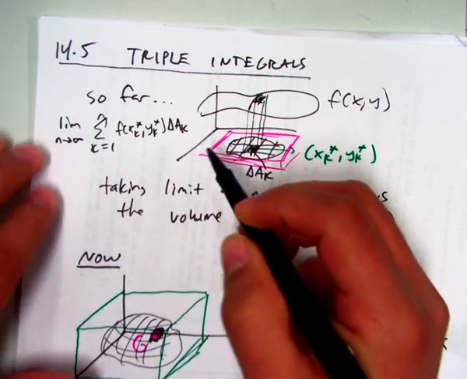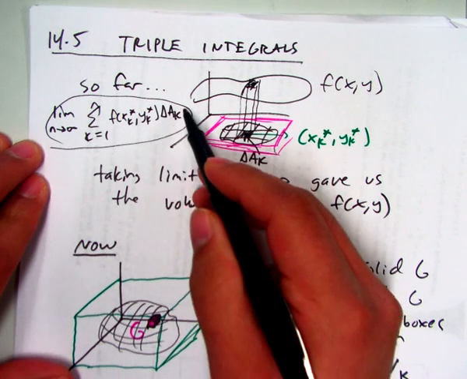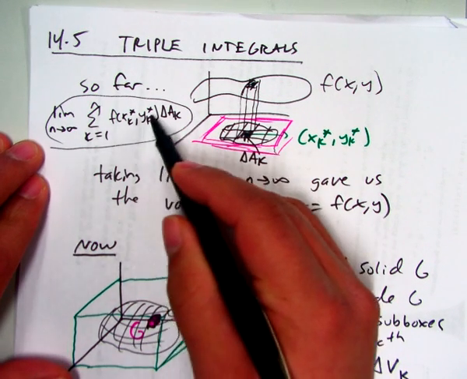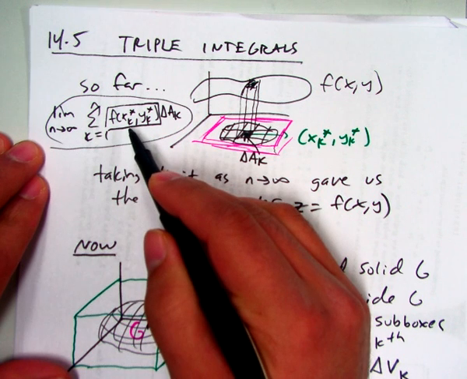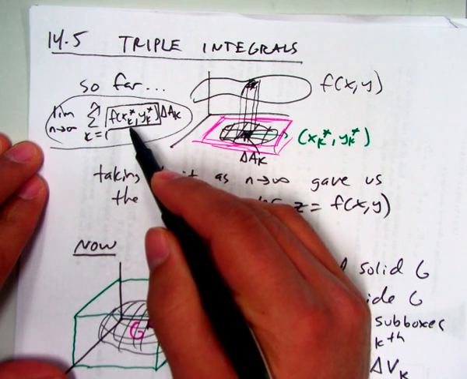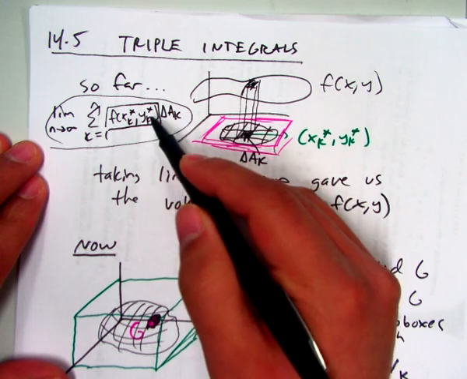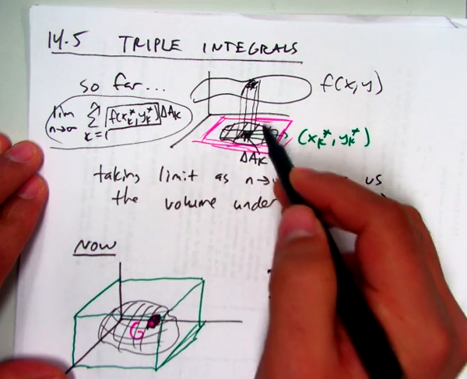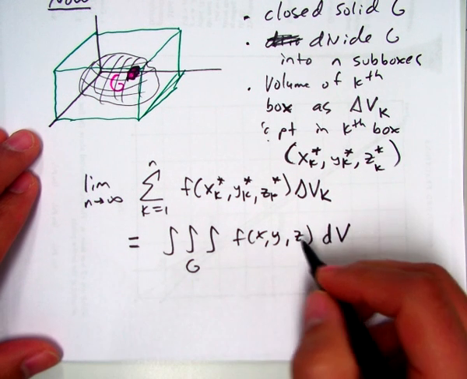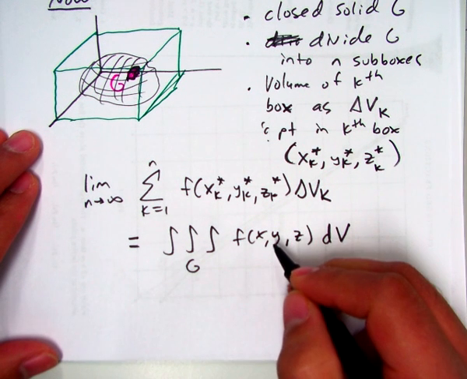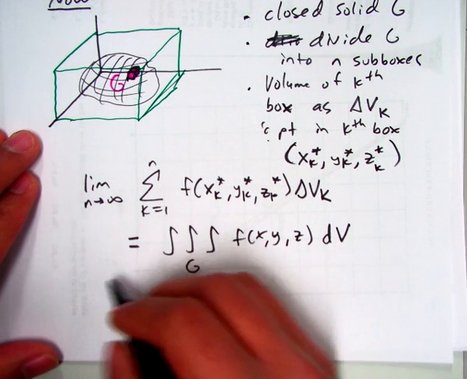And we said that this represented a volume because we're taking area and multiplying it with the height of one of these boxes, right? So taking a height with area, we get a bunch of little volumes. Well, now we're taking a volume and multiplying it with the output of the function, which is what we're going to say is a hypervolume.